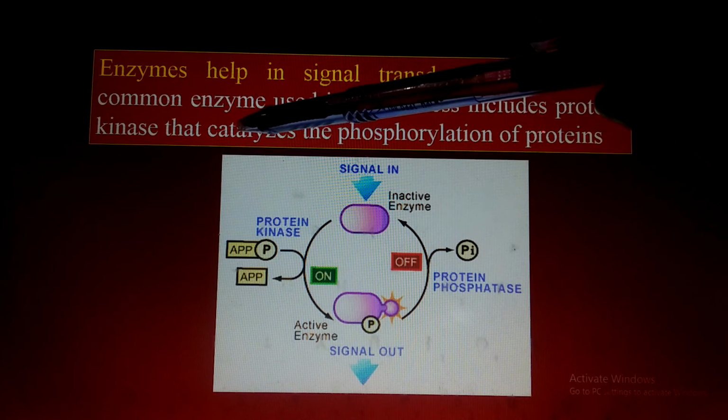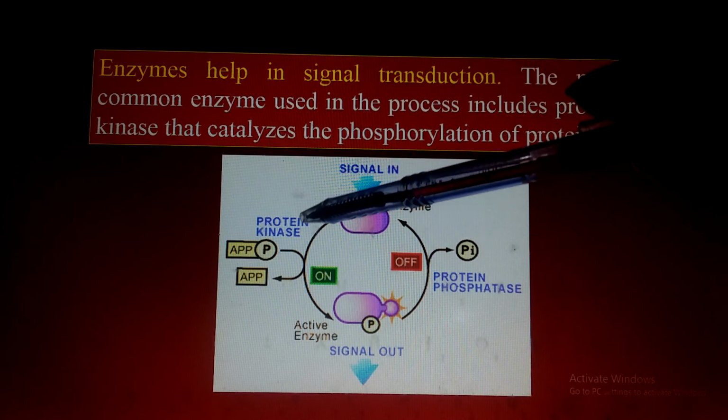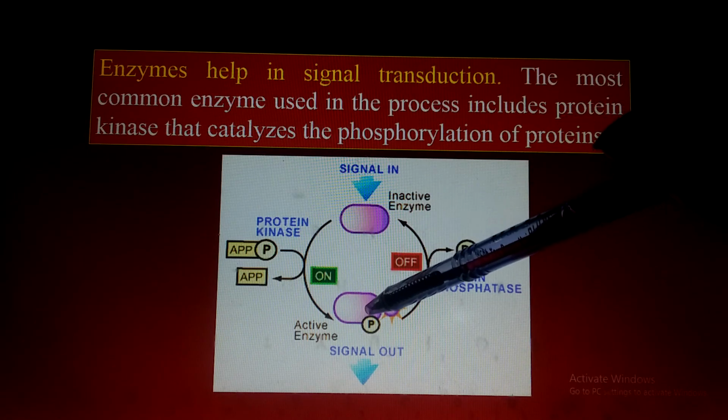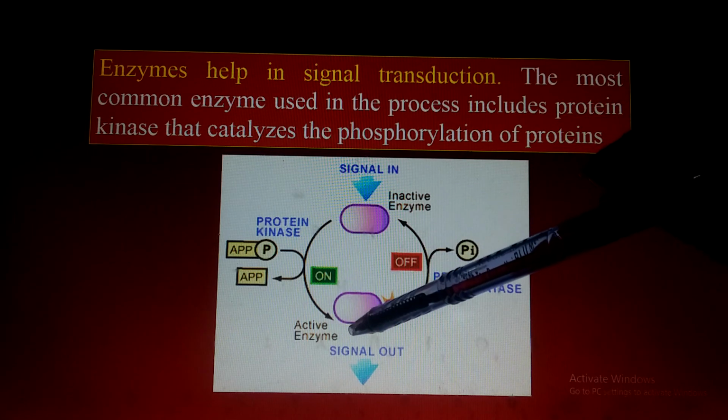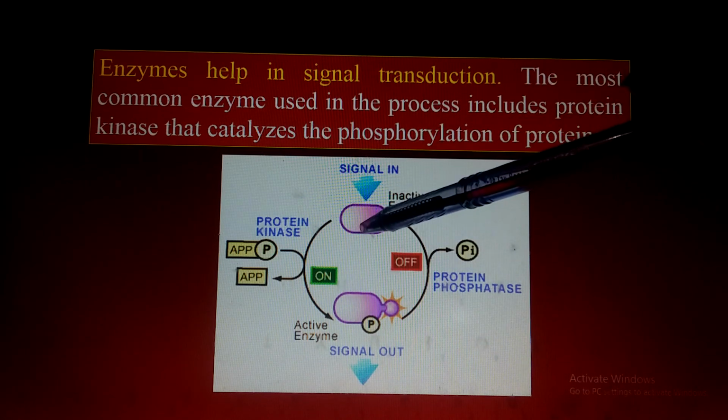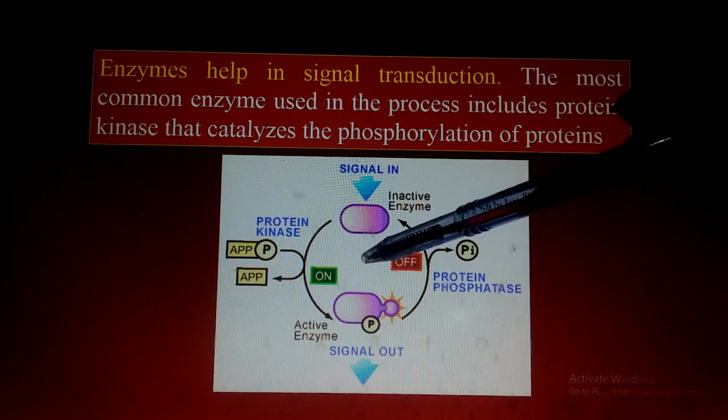Actually, these kinases are responsible for the transferring of the phosphate group from one high energy molecule to another molecule. Is it clear? So enzymes become active.